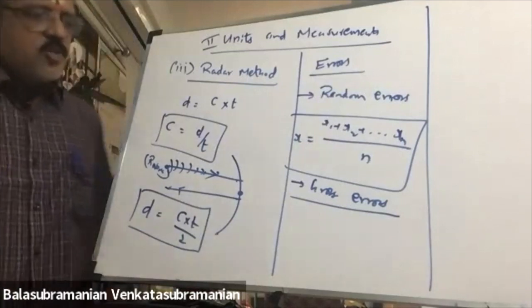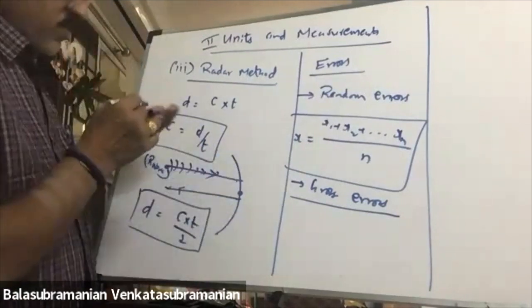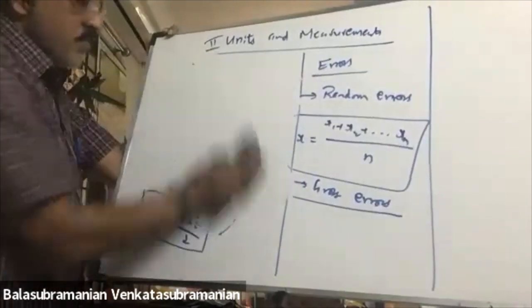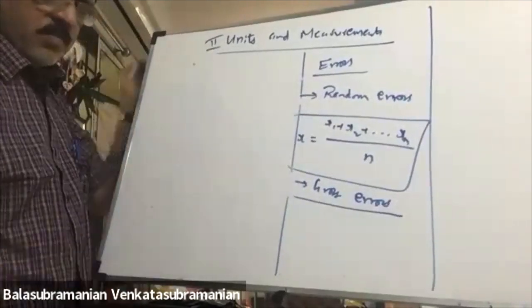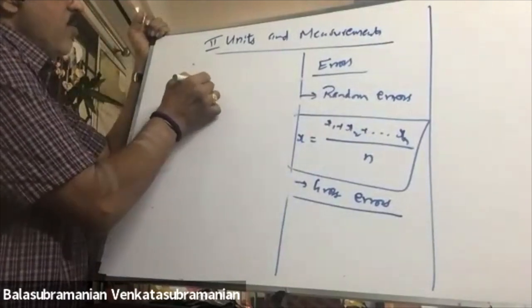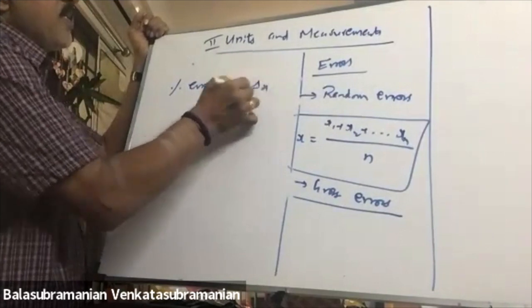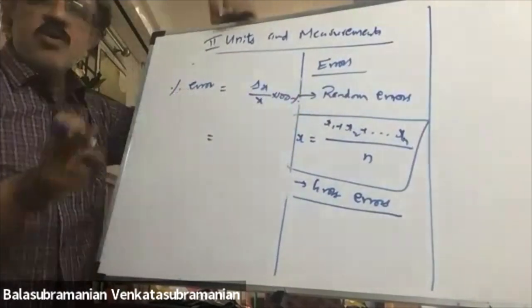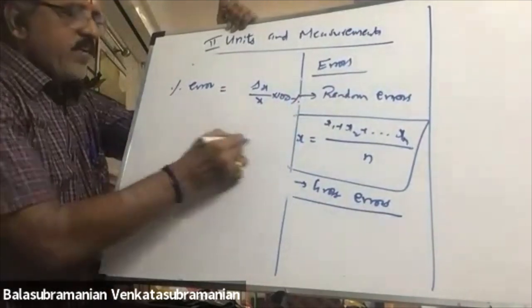So percentage error is delta x by x into 100%. X is the total value, say 25 centimeter.